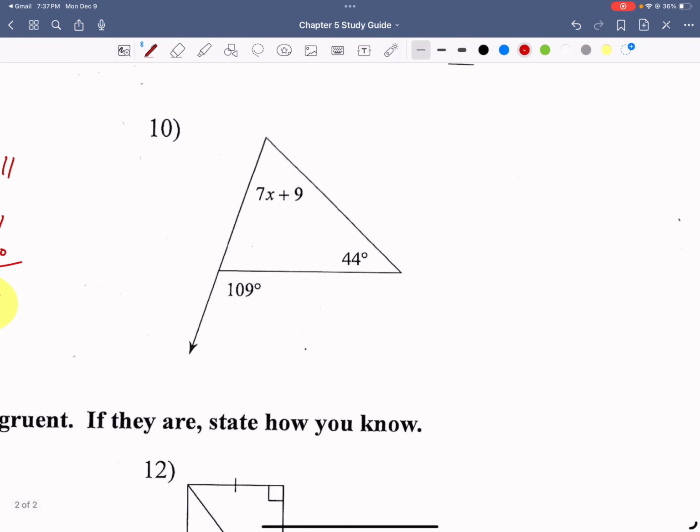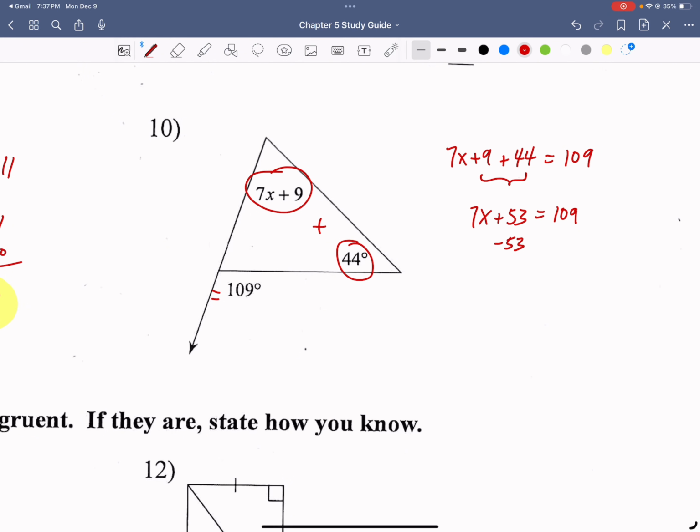And let's do this last one. Inside plus inside. Let me highlight that a little neater. If you add those two up, they should equal the outside. So 7x plus 9 plus 44 is going to equal 109. And we know that that is going to give us 53 is equal to 109.